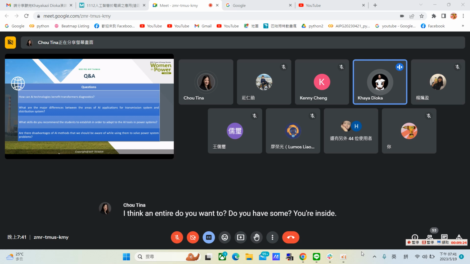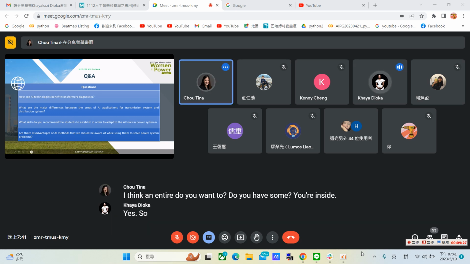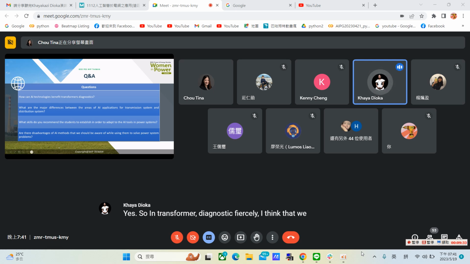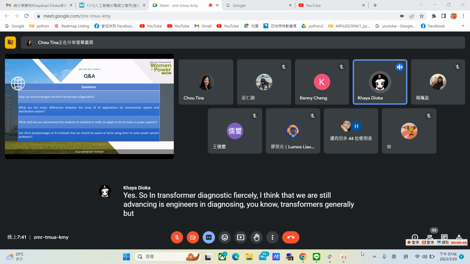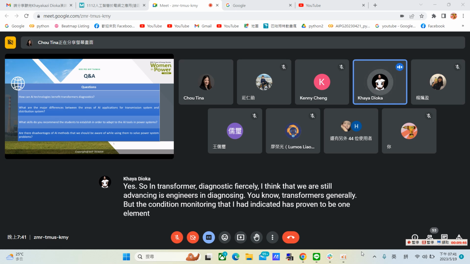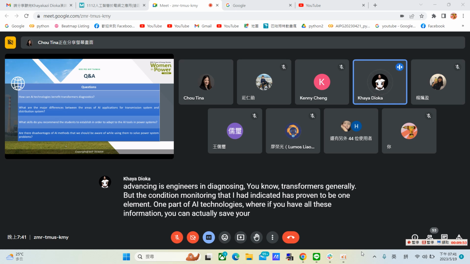Yes. So in transformer diagnostics, firstly, I think that we are still advancing as engineers in diagnosing transformers generally. But the condition monitoring that I had indicated has proven to be one part of AI technologies, where if you have all this information, you can actually save your transformer from catastrophic failures.